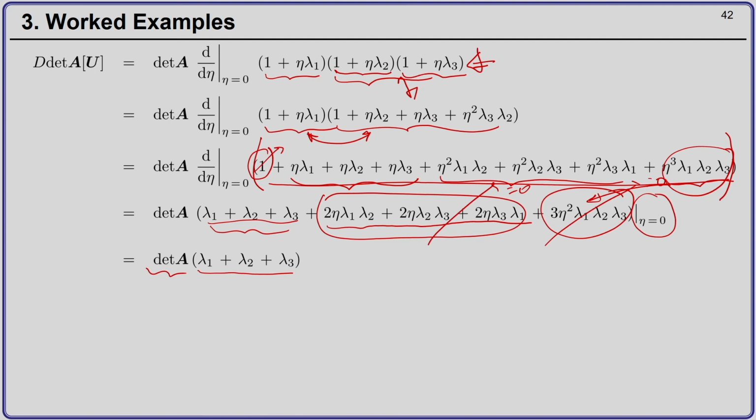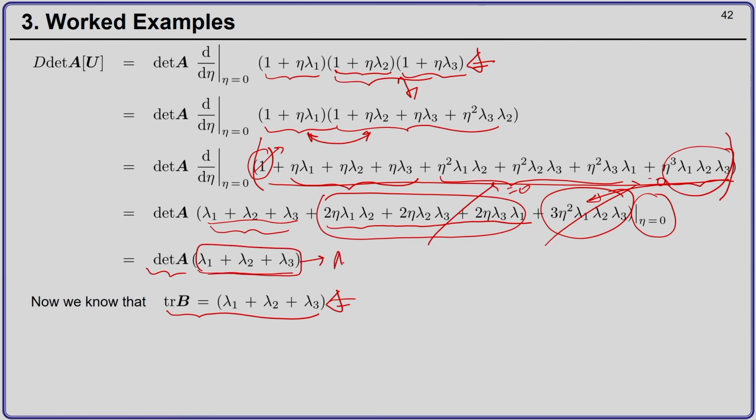So, we can simplify it a little bit more. You would remember from our previous discussions that the trace of a matrix can be written as the sum of its eigenvalues. So, now we also have the sum of eigenvalues here, and these are eigenvalues corresponding to the matrix A inverse u.